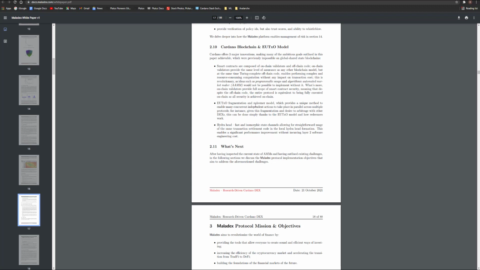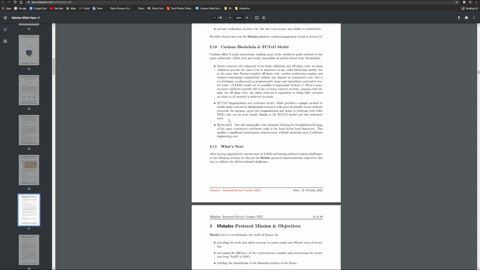EUTXO fragmentation redeemer model, which provides a unique method to enable many concurrent independent actions to take place in parallel across multiple protocols. For instance, given this fragmentation and desire to arbitrage with other DEXs, this can be done simply thanks to the EUTXO model and how redeemers work.